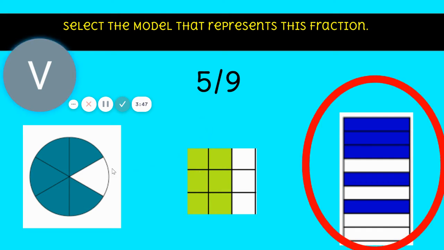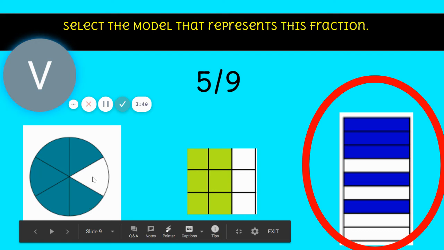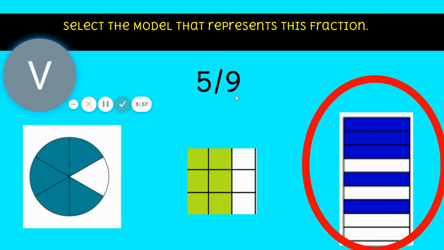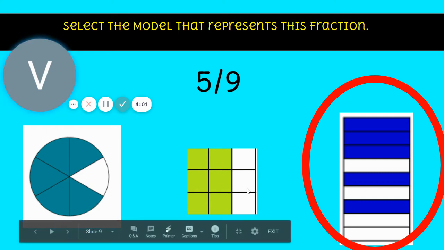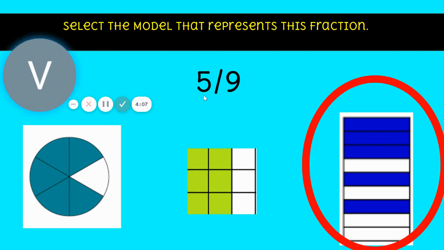Okay, you should have been able to automatically get rid of this area model over here, the circle, because there's only 6 pieces, and according to this fraction, we have 9 pieces. So we're left with either the green one in the middle, or this one that's circled. At this point, we have to look at our numerator, and we're looking for the one that has 5 pieces colored in.